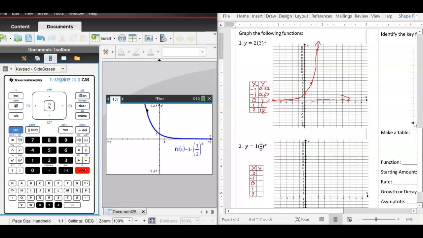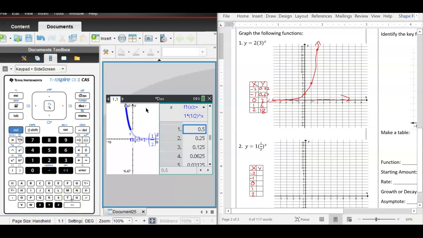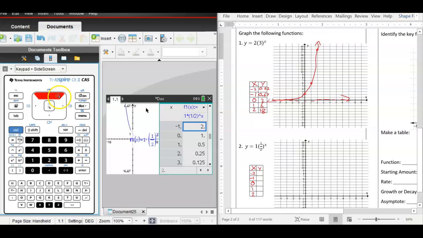This one you can see is exponential decay. So then you're going to Control T, give me that table. And again, go up to -2 so I can see those values. Go ahead and write in that table and plot those points for me, please. Okay.